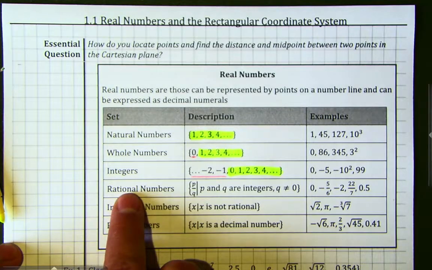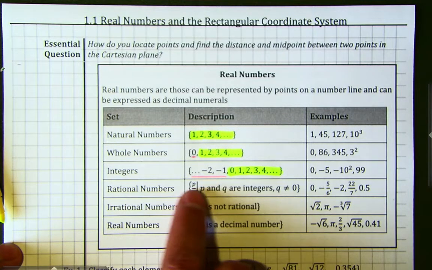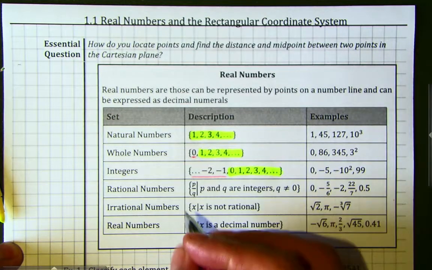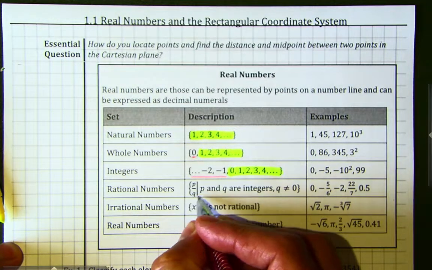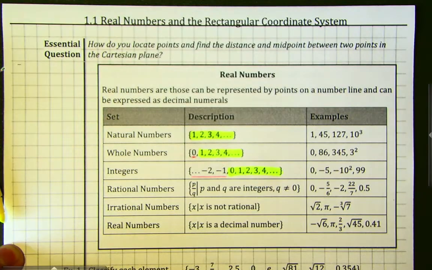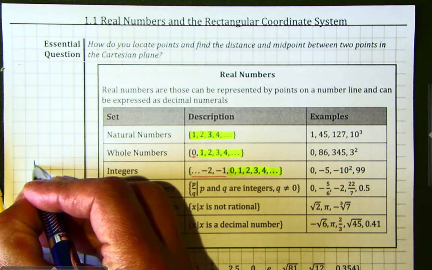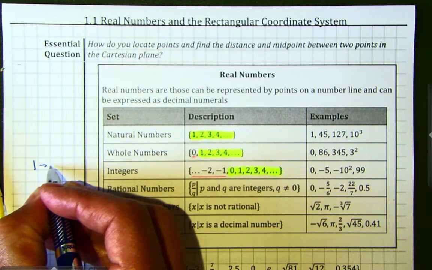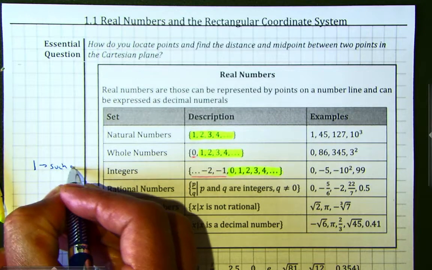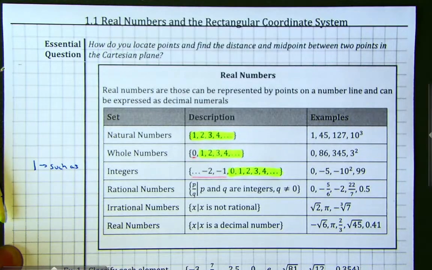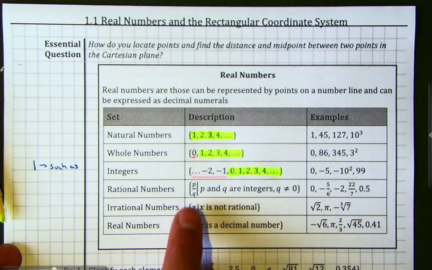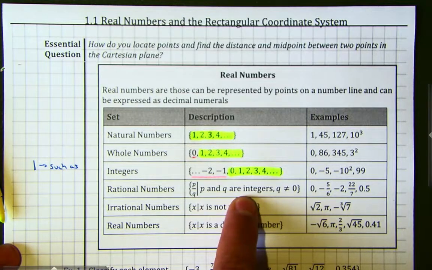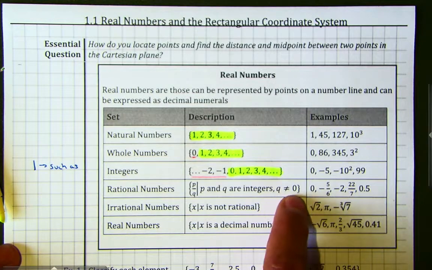Rational numbers. Notice that you will start to see this notation in the next section. This is set notation, and this little bar is read as "such that". So the set of p over q such that p and q are integers, where q is not equal to 0.